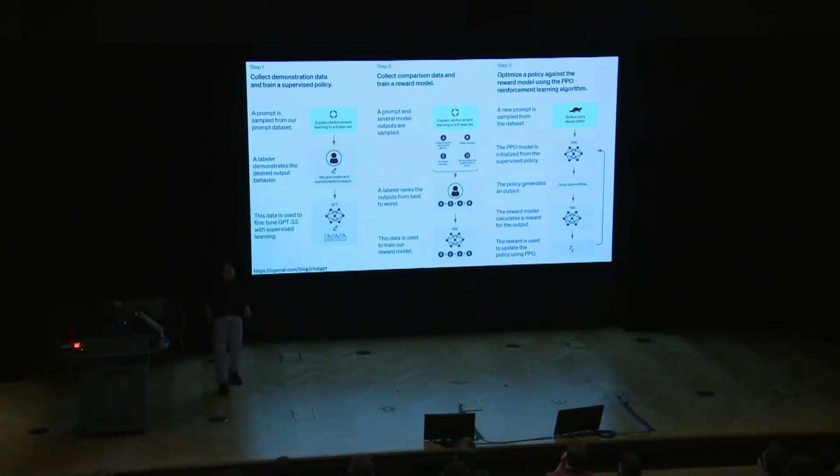Given the input, they feed the model to generate the output from the data set. And in the second part, they spend a lot of time, like a year, to tune their model to be more aligned with humans' values, to avoid generating hateful comments, to be able to behave morally.